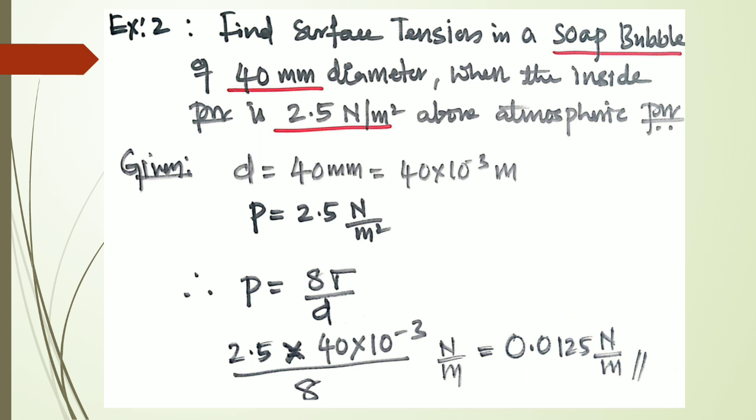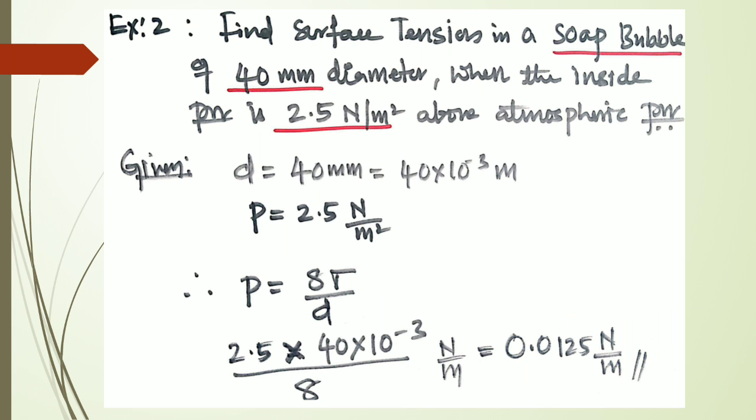Then diameter is given 40 mm, that you convert to meter. Meter to mm into 1000, mm to meter, it is 1 by 1000. So 40 into 10 raised to minus 3 meter. Fine. Therefore, P is equal to 2.5 Newton per meter square, pressure he has given.